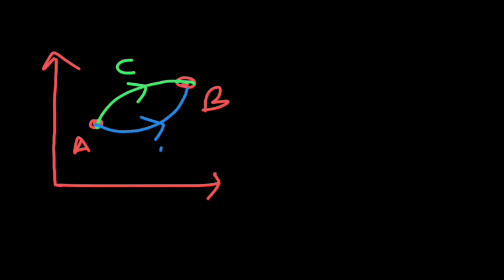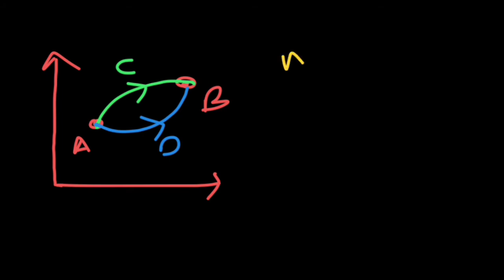One more, check this out. A work is done in a gaseous system from A to B along two paths, one ACB and the other ADB. We know the work done is equal to the area under the graph.